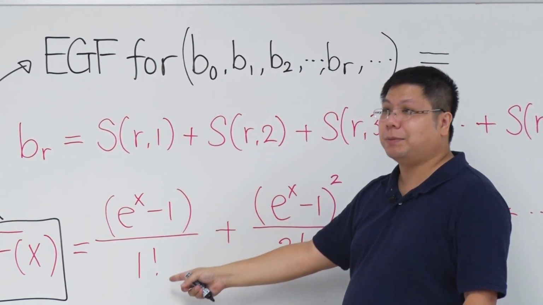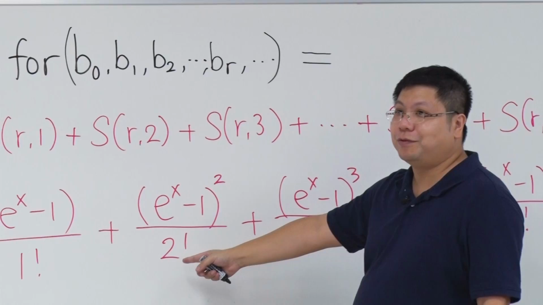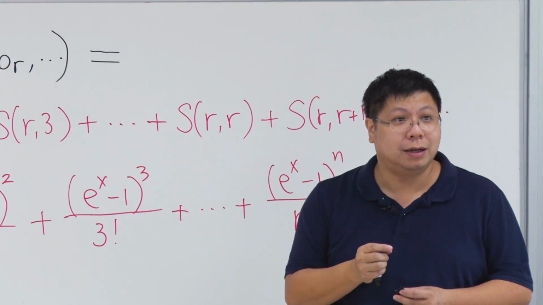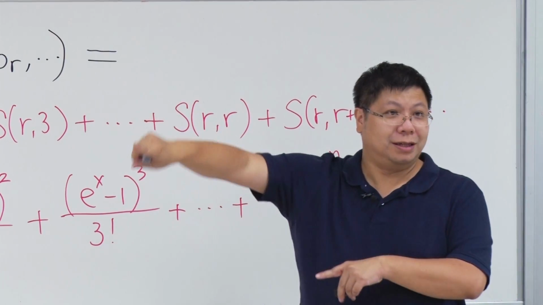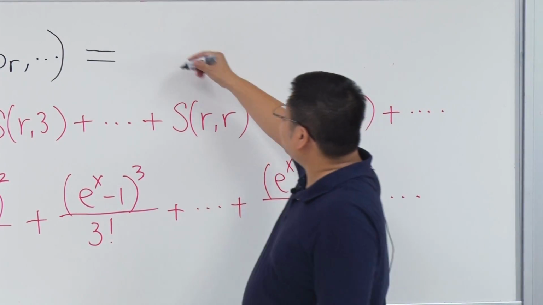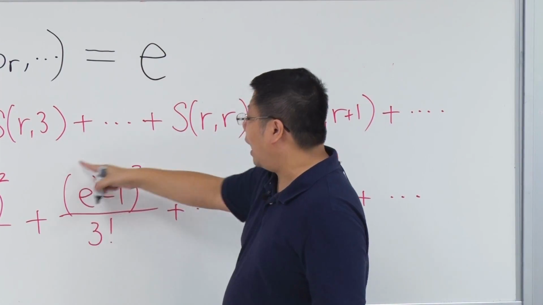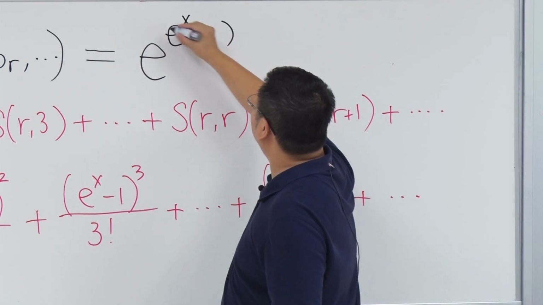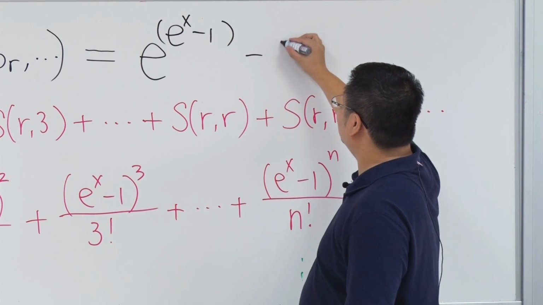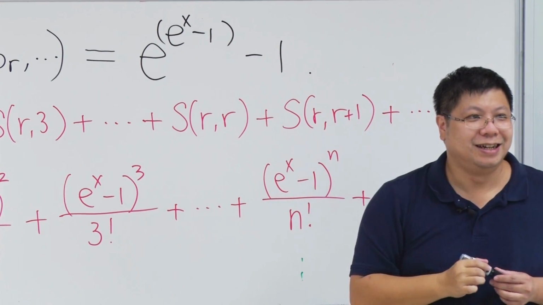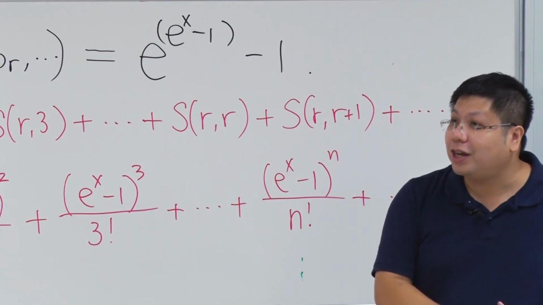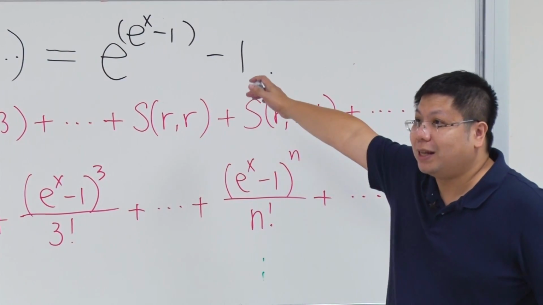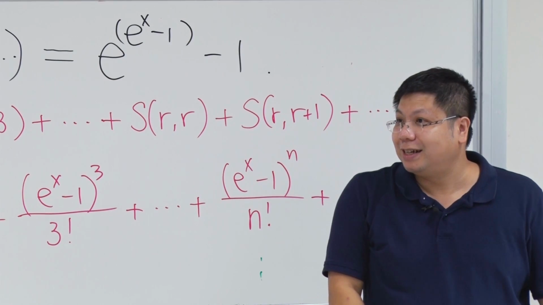So we have y divided by 1 factorial, y squared divided by 2 factorial, y cubed divided by 3 factorial. Then this will be e to the power y minus 1, since we don't have the constant term. This is the y. Very strange. And then minus 1. So the EGF for the Bell number is very strange, but it can be written down compactly like this.